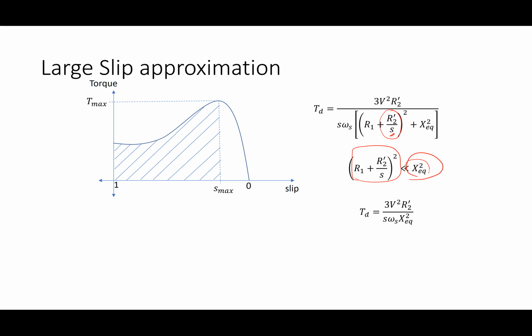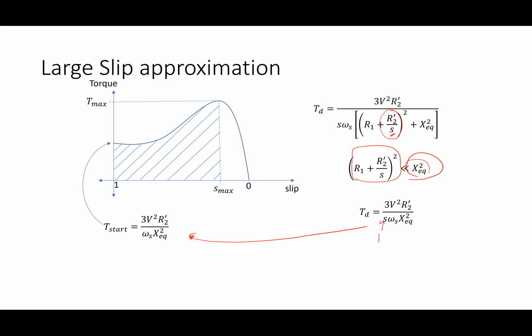Now one of the things we could do with this is look at the position when the slip is 1, which is when the speed is 0. So when the slip is 1, I just set S equal to 1, and I end up with this, which is my torque at 0 speed, which is my starting torque.